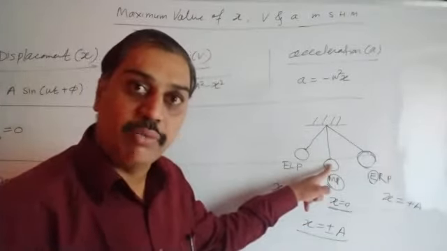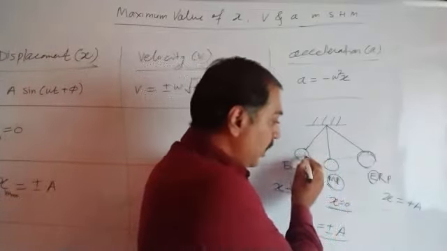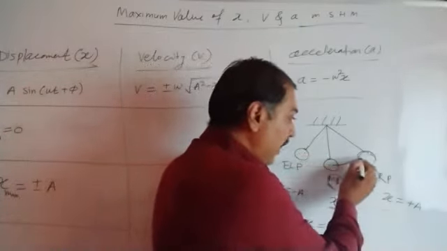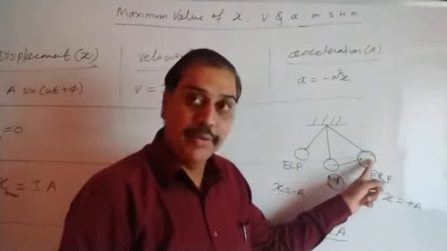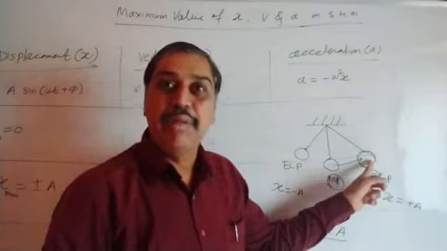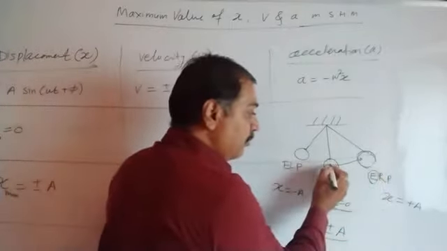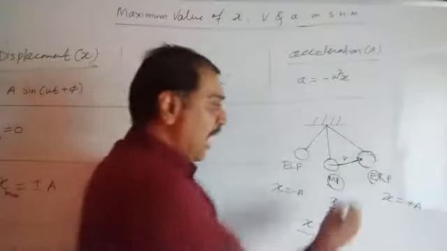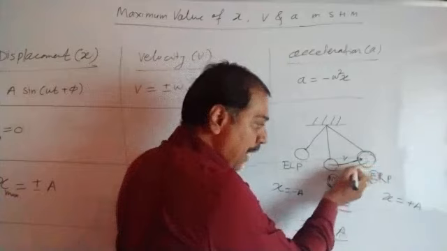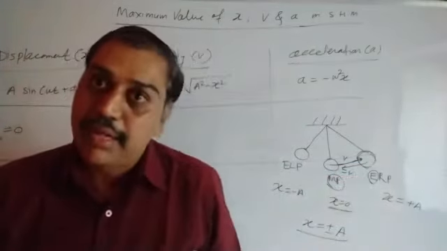The bob will not stop here, as we have left it, it goes to this side, and at maximum displacement it stops for a millisecond, a nanosecond. Suppose the bob is moving here with a velocity plus v, and at this place it will stop and come back with a velocity minus v. Are you getting it? Plus v, minus v.